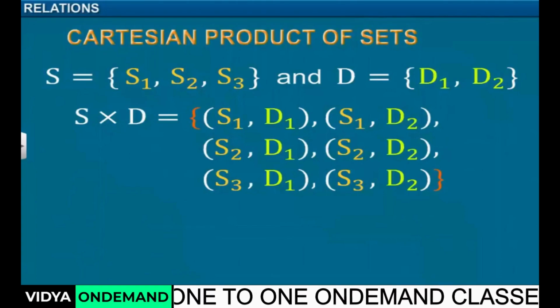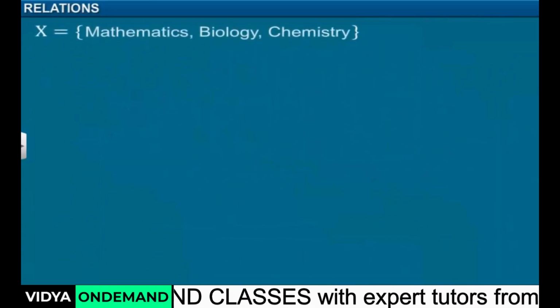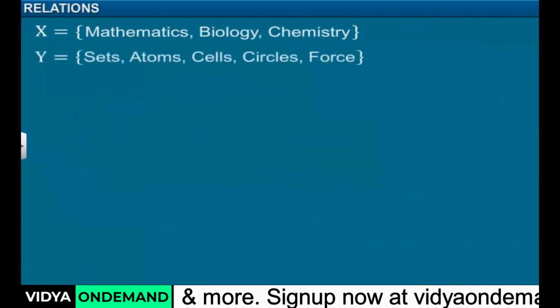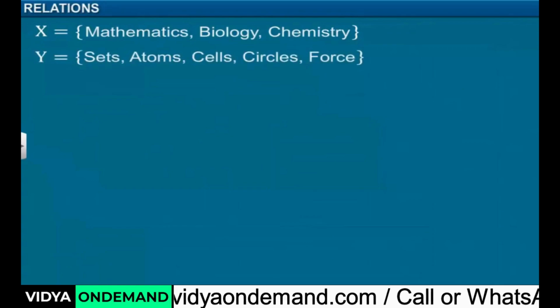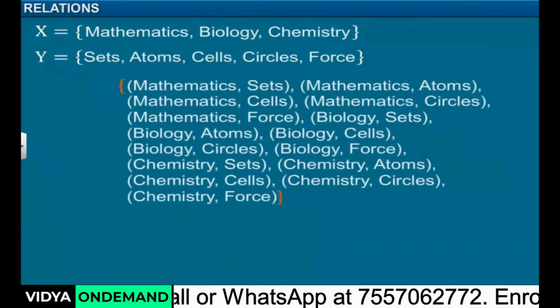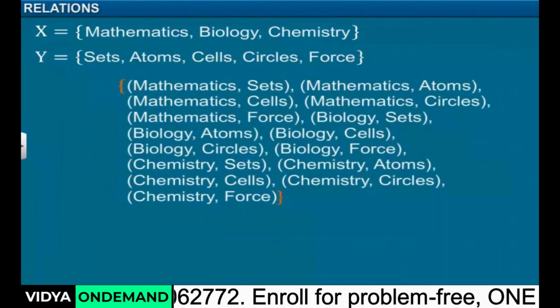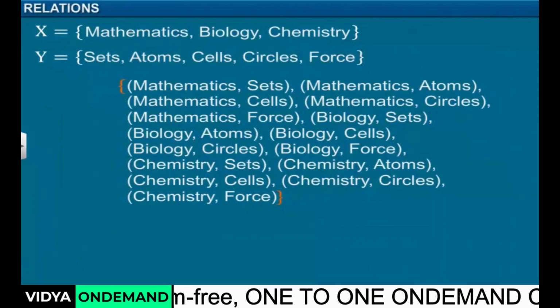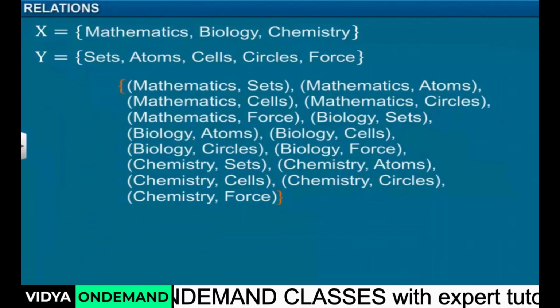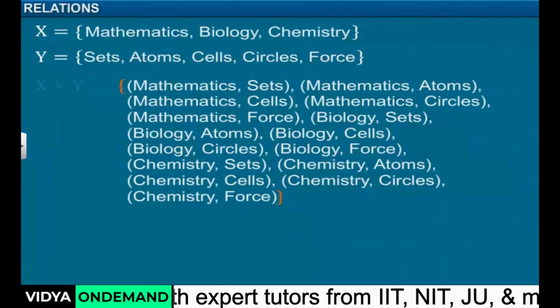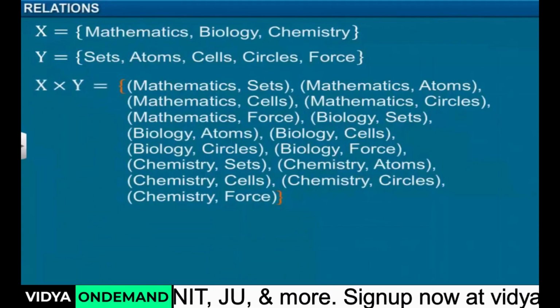Let X denote the set of collection of different subjects and Y denote the set of collection of topics. The possible combinations of the subjects and the topics are the set of ordered pairs that can be obtained by the Cartesian product of sets X and Y. The total number of such possible ordered pairs is 15.